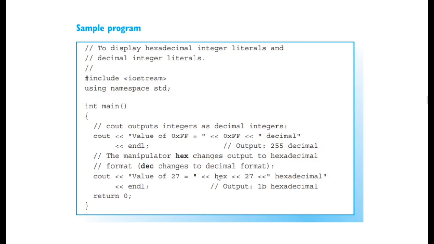As soon as we input hex in here, that changes everything. And then we just put 27, and as soon as we put that 27 next to the hex, it's going to be output as 1b. Rather than getting output as 27, it's actually being output as 1b hexadecimal. And then we finish the program with the return line, to signify again that it's run successfully with no issues.